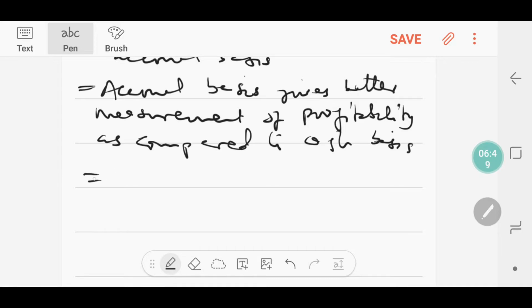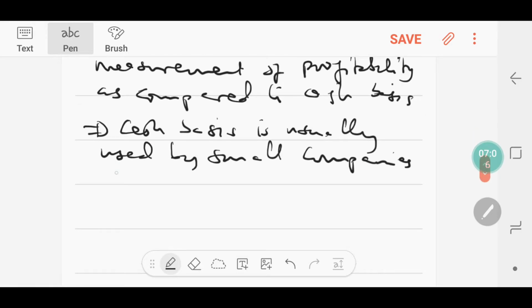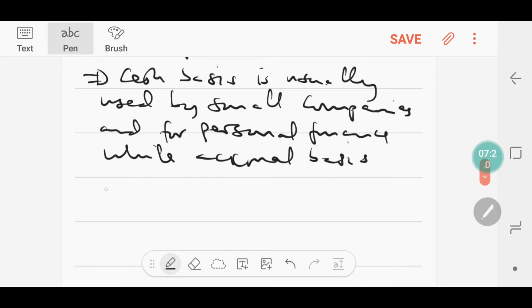Another difference between cash basis and accrual basis is that cash basis is usually used by small companies and for personal finance, while accrual basis is used by large companies.